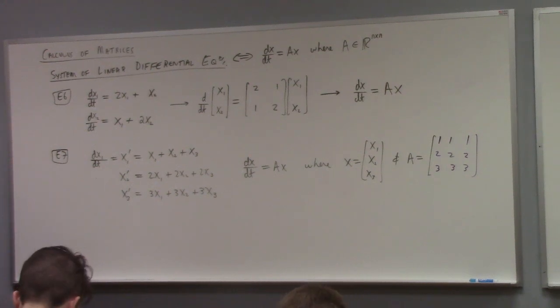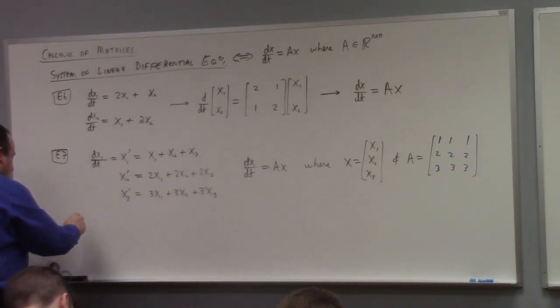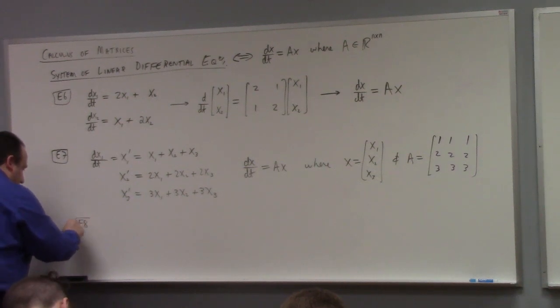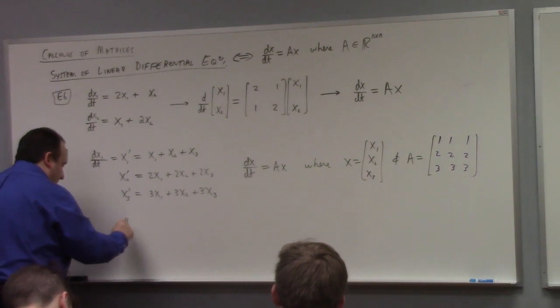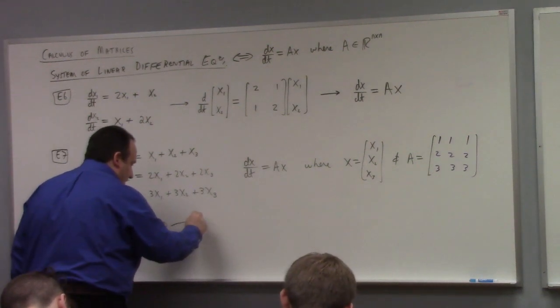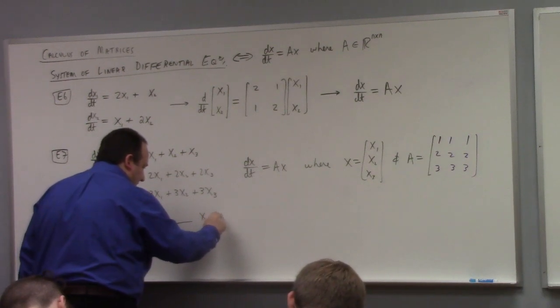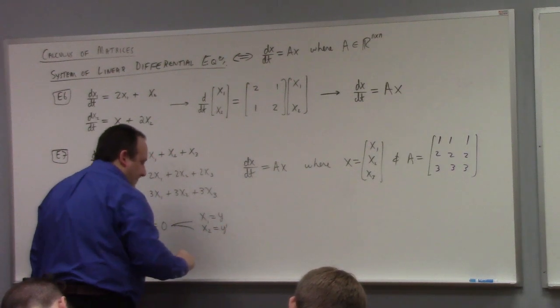Now, it turns out, if you had a higher order differential equation, you can always rewrite it as a system of linear equations through something called reduction of order. So, example 8, if I had, for instance, y'' plus y equals 0, I could let x1 equal y, and I could let x2 equal y'.